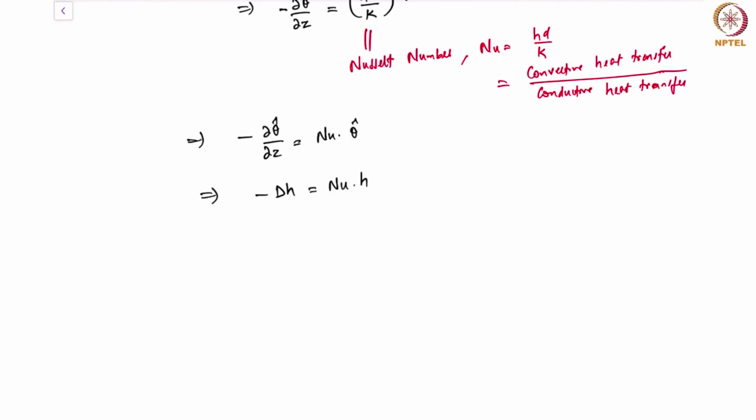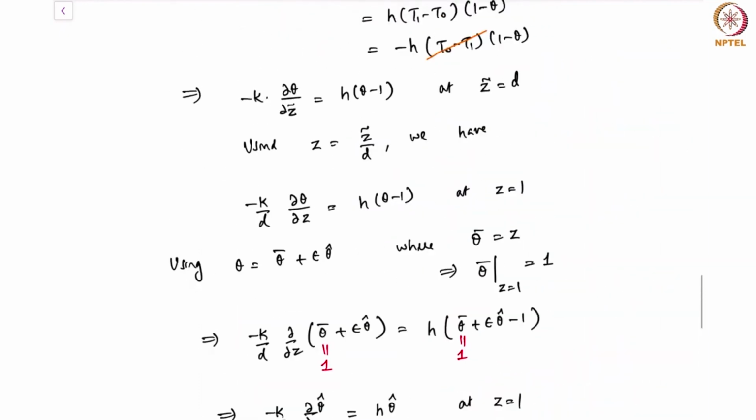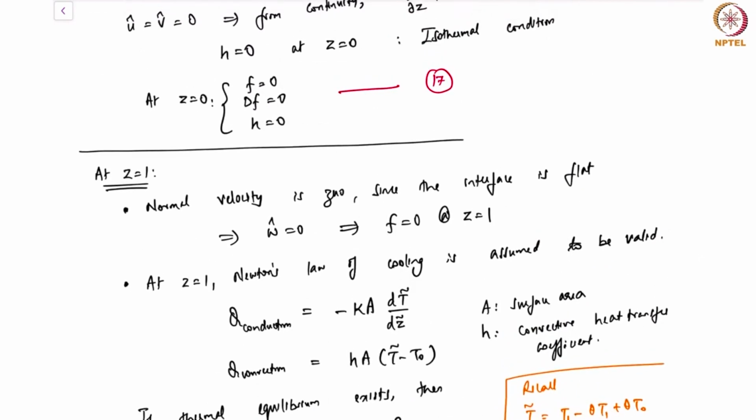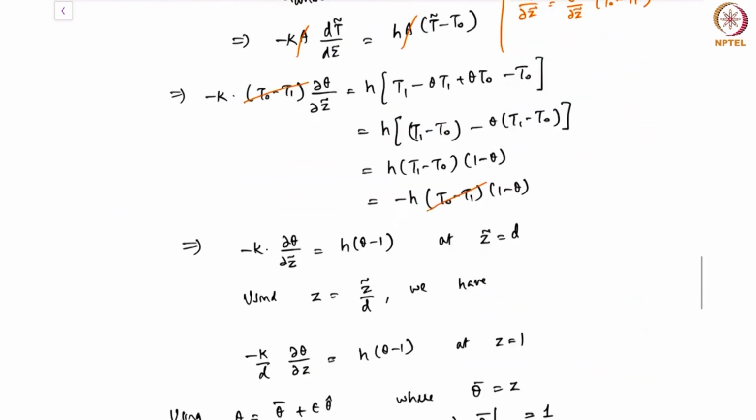This is an important result, so we will basically label this. We have equation 18 or maybe 19, I think. 17, this was 18, and now we've derived equation 19.